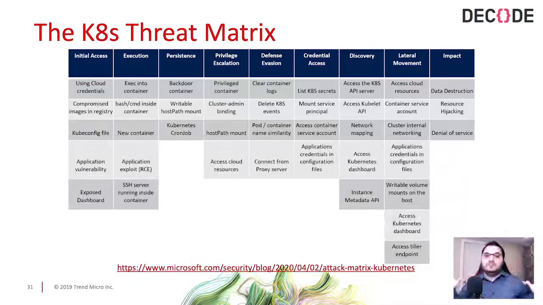It's not an official matrix from MITRE ATT&CK, but it's very helpful, as it shows you, based on each tactic, which techniques are used by attackers and criminals to compromise your cluster. It has some missing techniques and missing steps, but it's a great start for you to start understanding and protecting your cluster better.